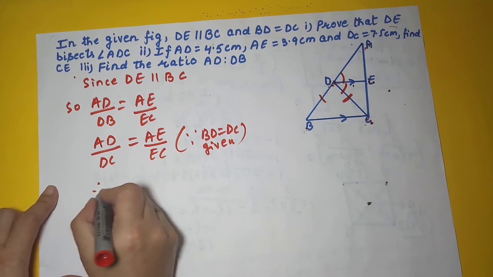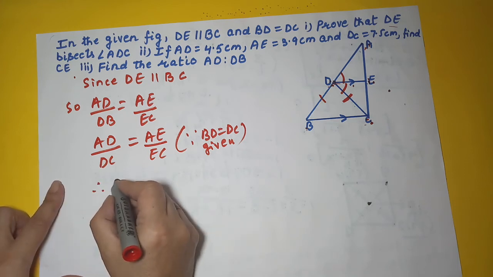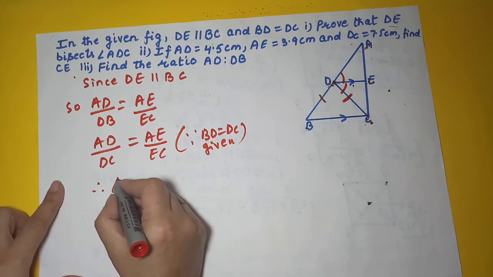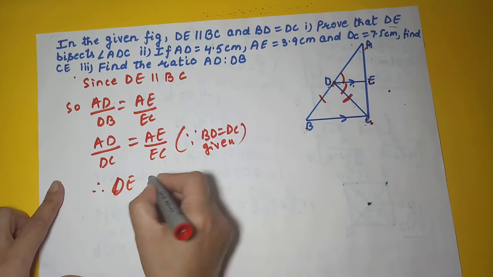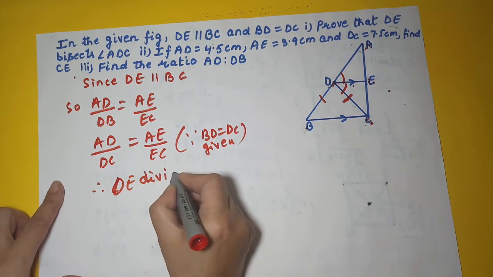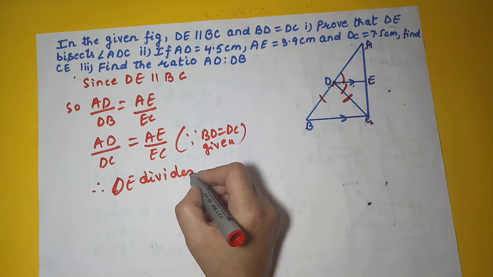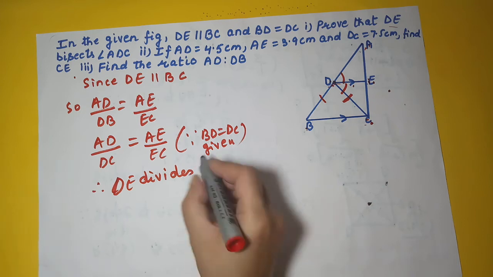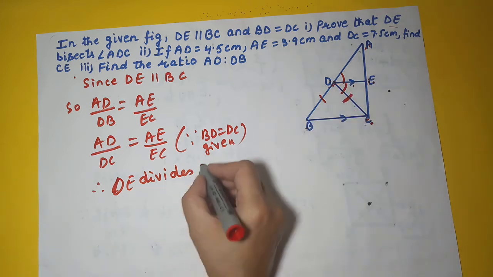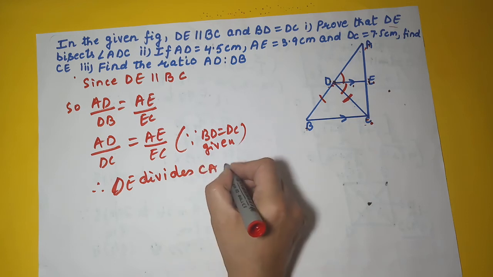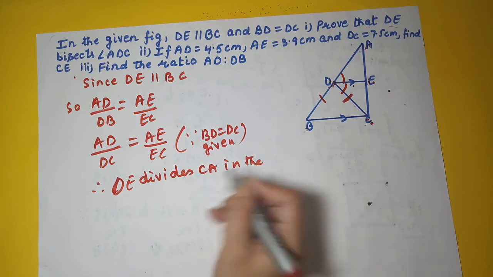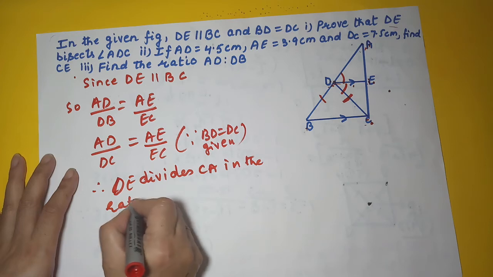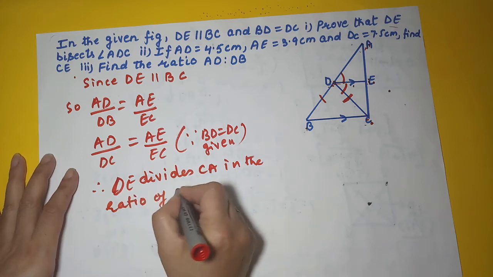So, therefore, you can say that DE divides CA in the ratio of other two sides.